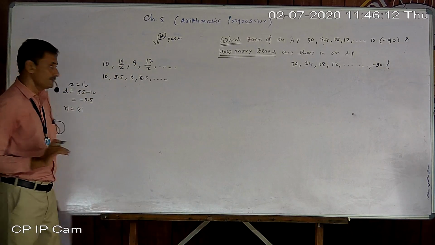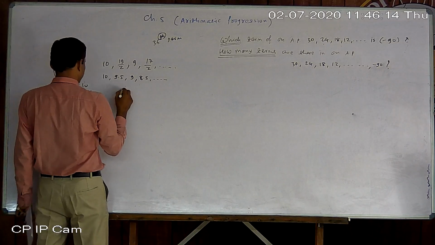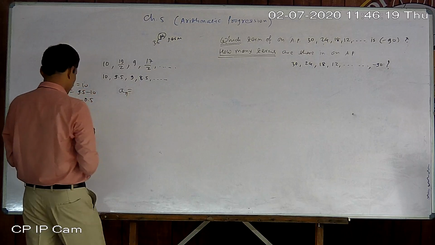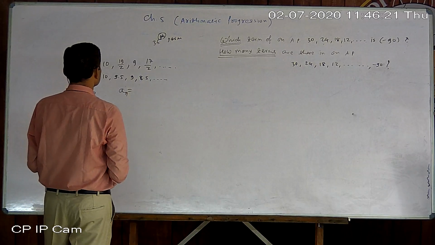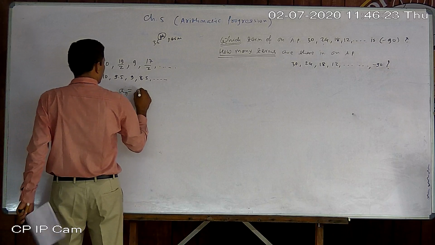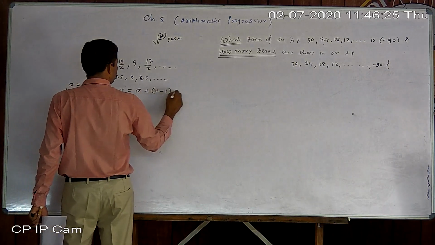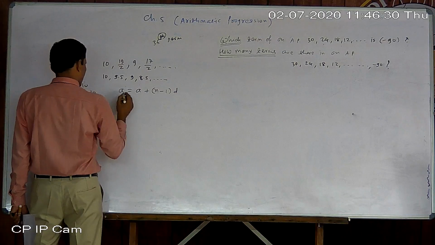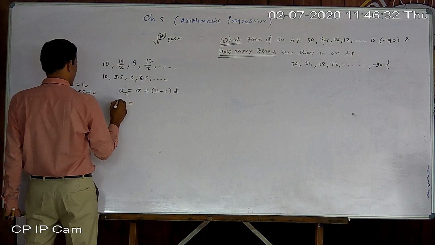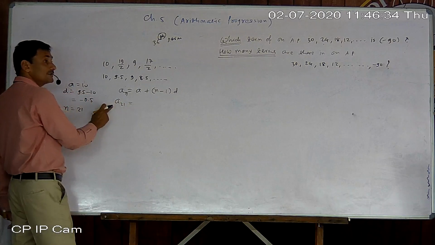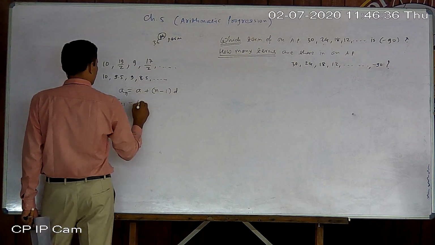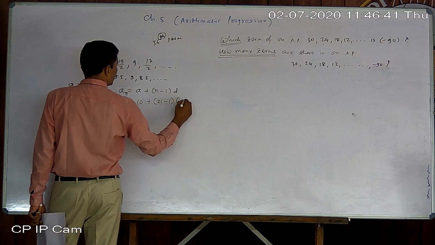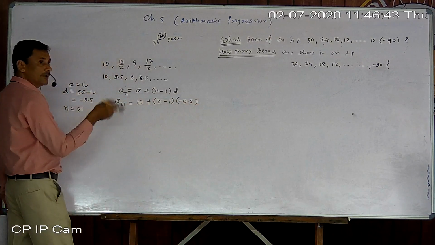So N becomes 21. So now just write down AN equal to A plus N minus 1 D. So AN is asked, means A21 is asked, means the 21st term we are going to find. So A is 10, N is 21, minus 1, D is minus 0.5, be careful, in bracket only.